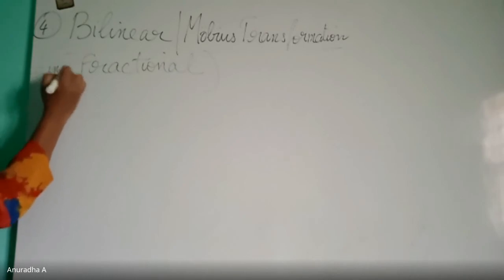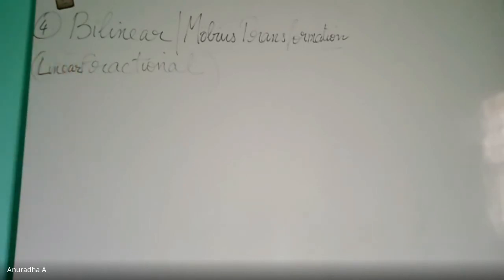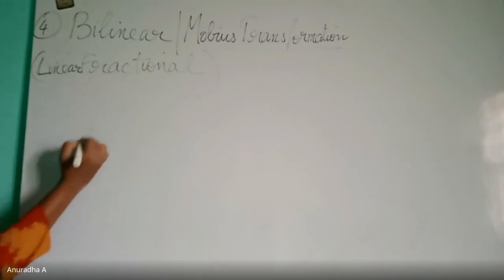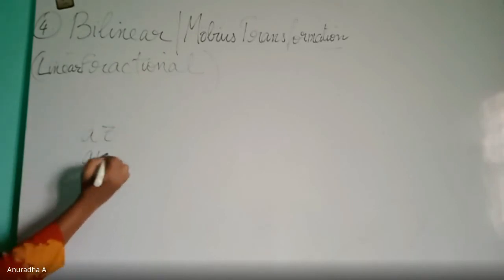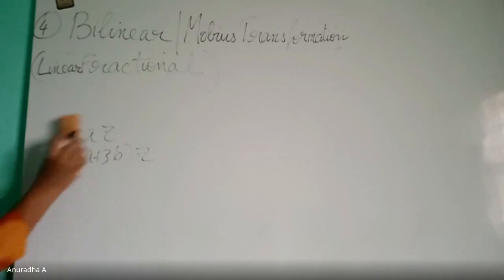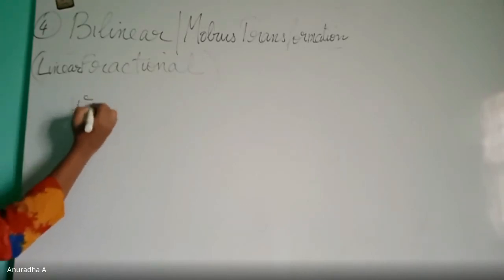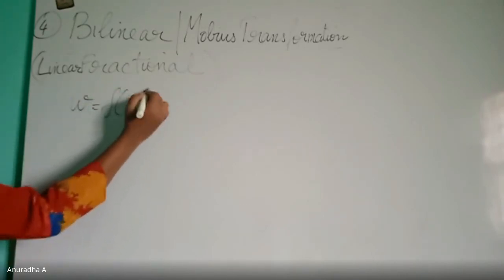So what is linear fraction? Instead of having only A Z or A plus iB into Z, we are going to do fractions. So W is the f of z function.